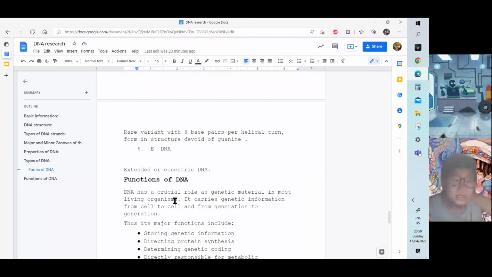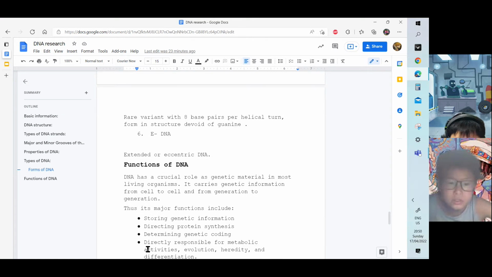Functions of DNA. DNA has a crucial role as genetic material in most living organisms. It carries genetic information from cell to cell, from generation to generation.